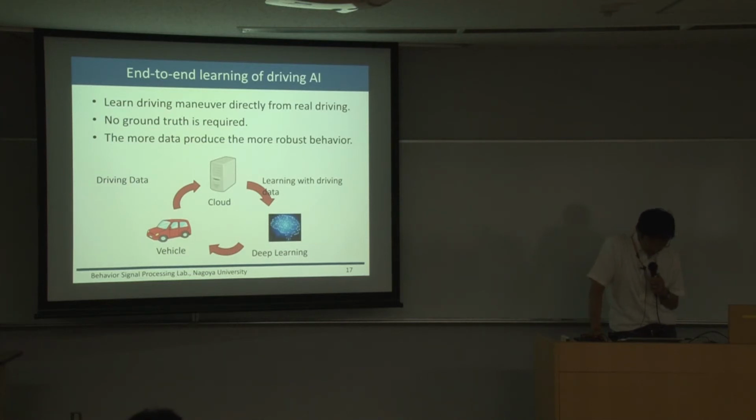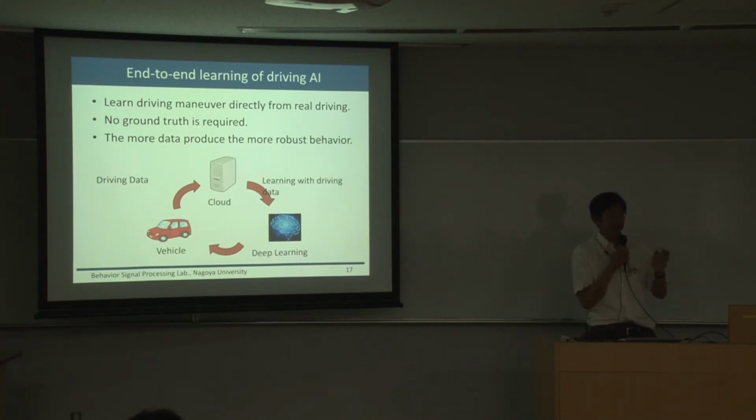It's a very simple data circulation for building the driving AI. By the way, the word end-to-end is becoming very popular and common in various research fields. End-to-end means that without converting the real-world signal into features, you feed the real-world signal directly to the deep neural network.